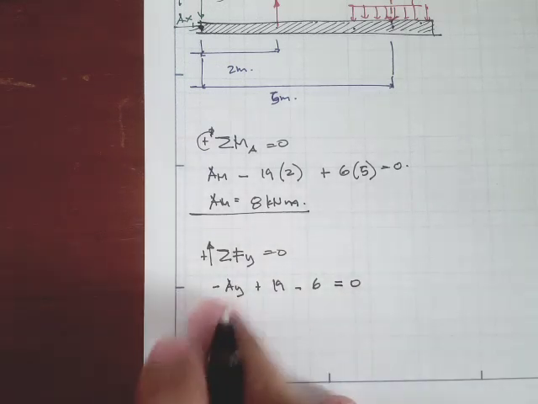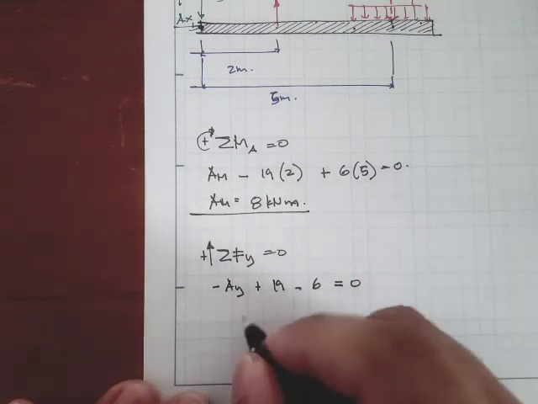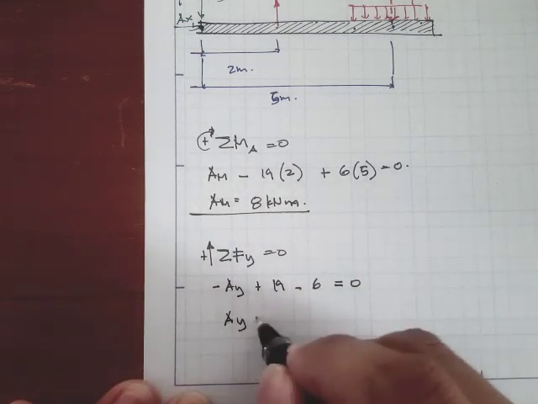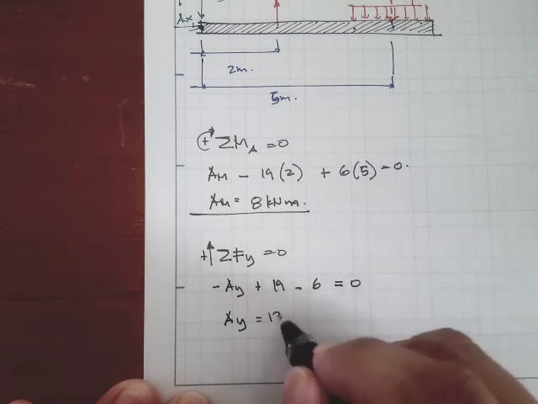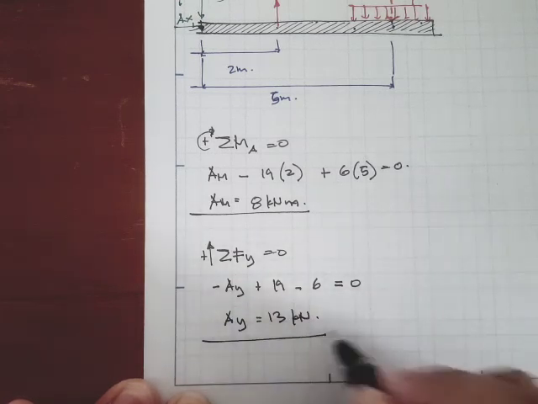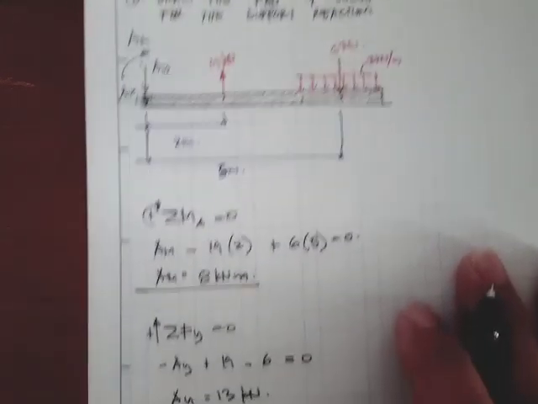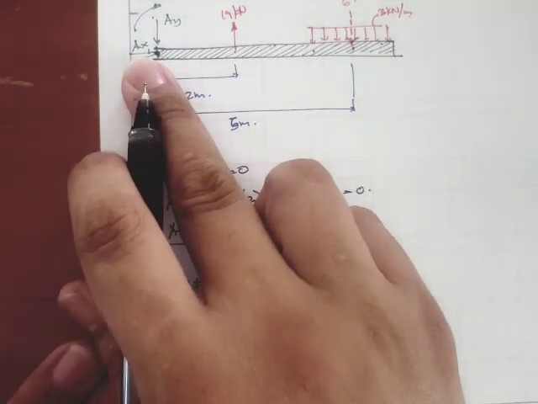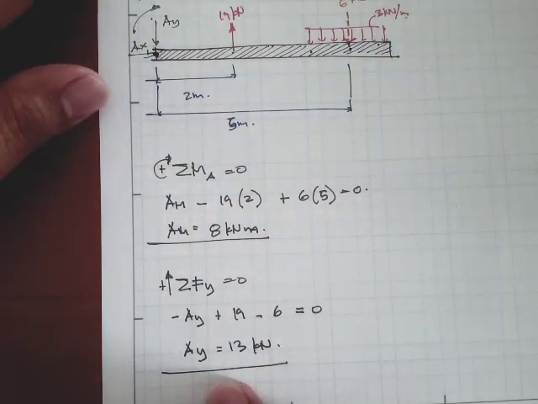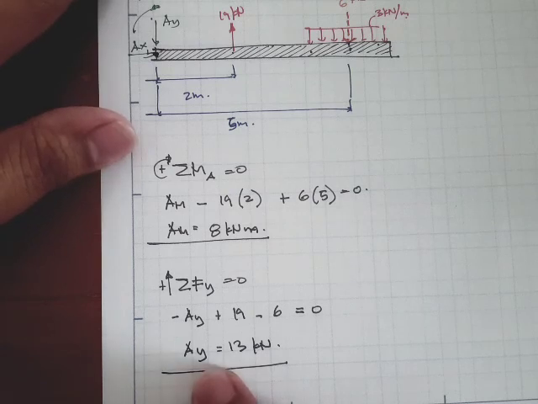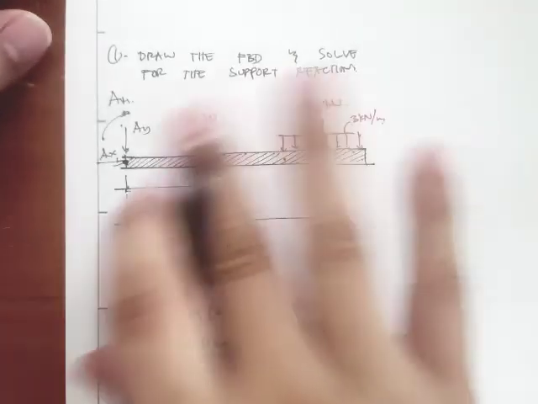Okay, so if we transpose this to the right hand side, what you get is A sub y is equal to 13 kilonewtons. Okay, and what else? If we apply the summation of forces along x, AX would just be 0. Okay, so now we have AX, we have AY, and we have the moment.